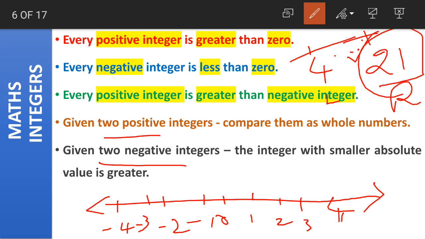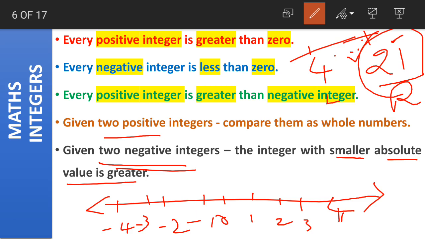When two negative integers are given, the integer with smaller absolute value is greater. What is greater? The integer with smaller value is greater. What happens in positive integers is that the number with greater value is the greater, right? The number which has more value is called the greater number, but these are negative integers, these are negative people, so negative integers follow the reverse rule of positive integers.